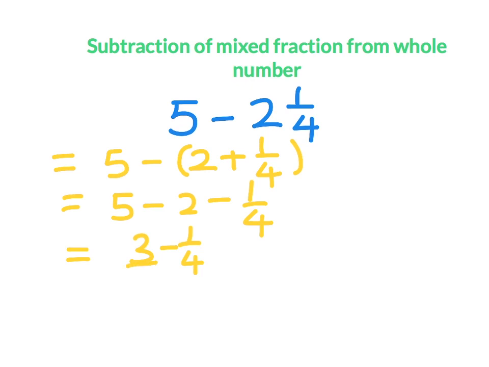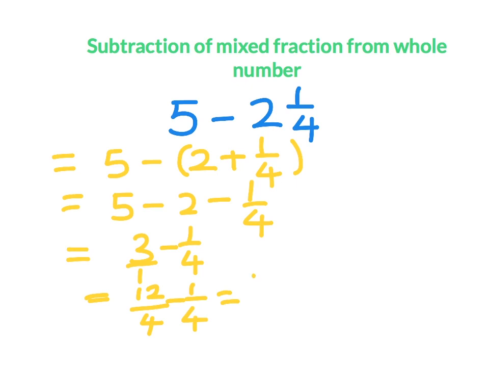So remember, this is 3/1. So we can turn this into like fractions. We're going to multiply that by 4. You remember, you multiply by the opposite denominator. So this is going to be 12/4 minus 1/4. So 12 minus 1 gives us 11.